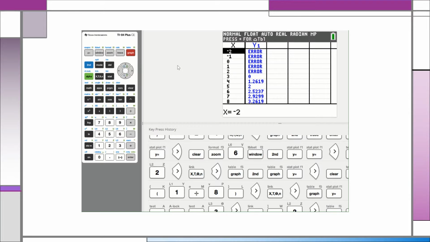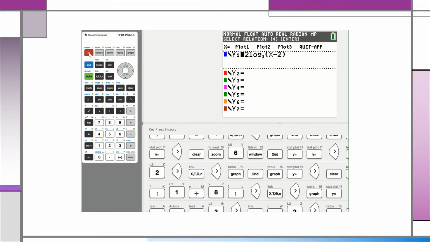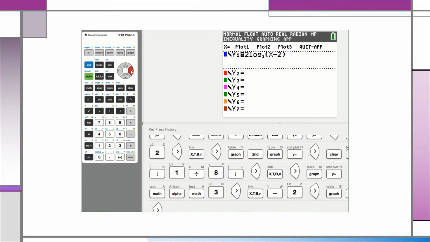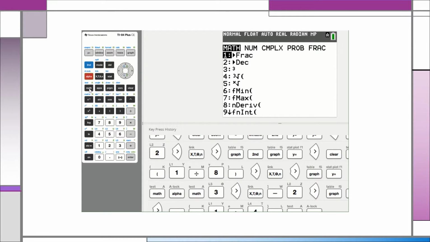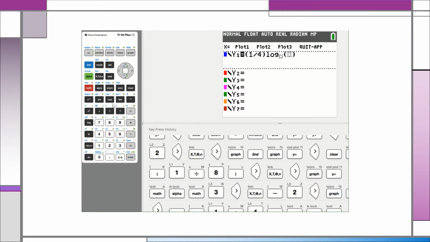Okay, well, now let's graph the second one. The second function was, I think, 1/4, and I like to use parentheses anytime I've got fractions and stuff. I have found that it ends up graphing more accurately. I'm going to bring in the log by hitting math, alpha A. And let's see, our log was base 1/2 if I'm not mistaken.